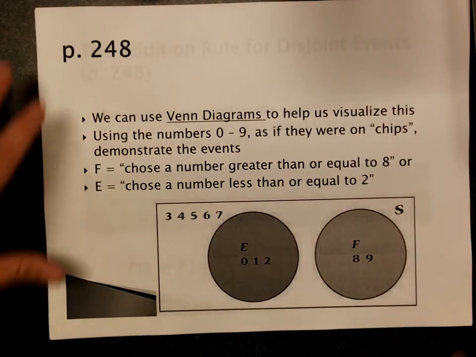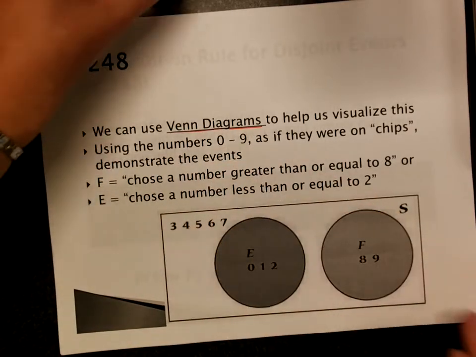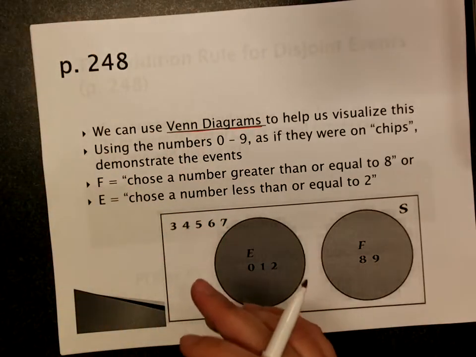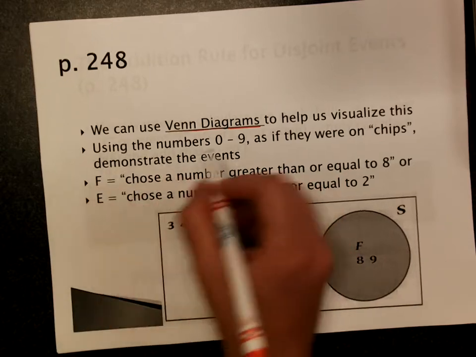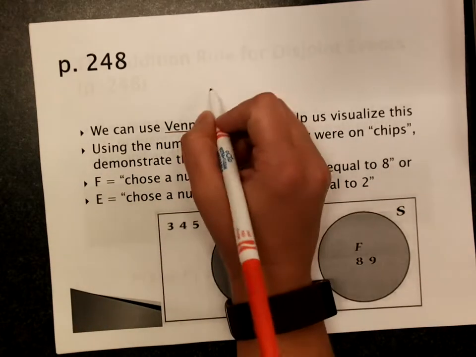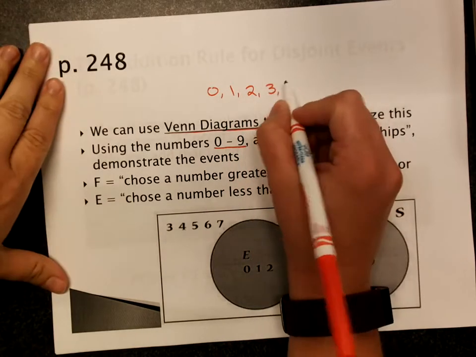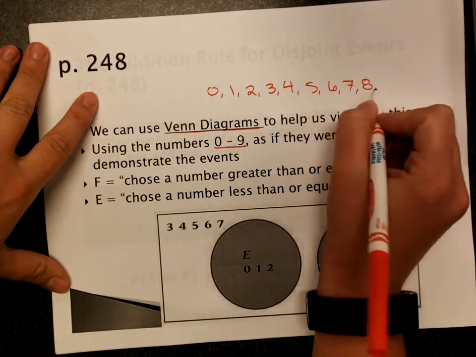Alright, so the book uses Venn diagrams, if you guys remember what those are, to help us kind of visualize different probabilities and kind of help us sort out what we're looking at. So the book uses an example of using the digits 0 through 9. So that'd be the digits 0, 1, 2, 3, 4, 5, 6, 7, 8, and 9.